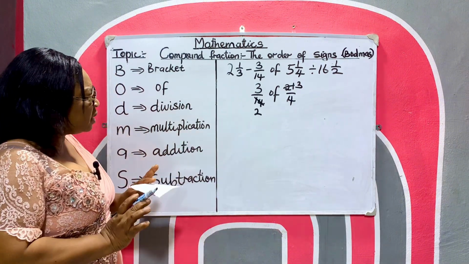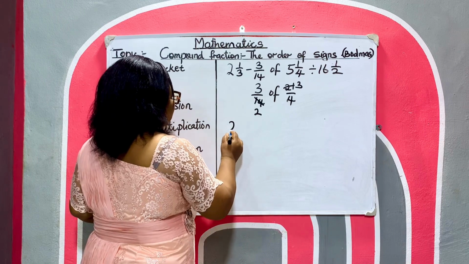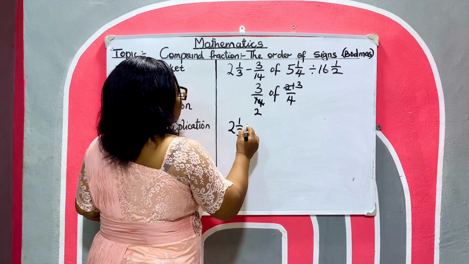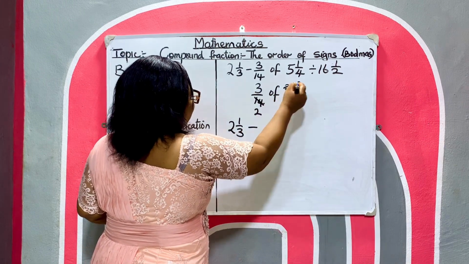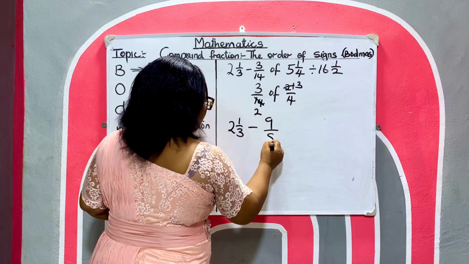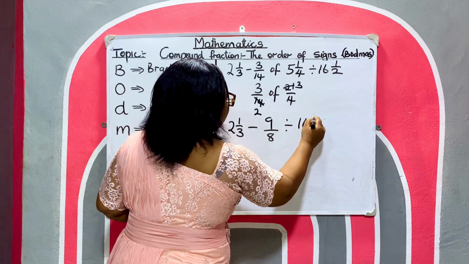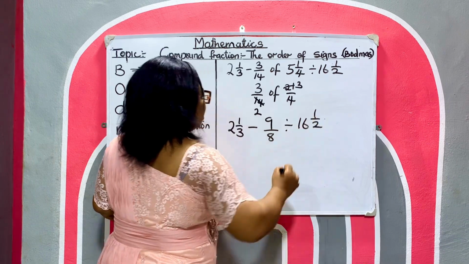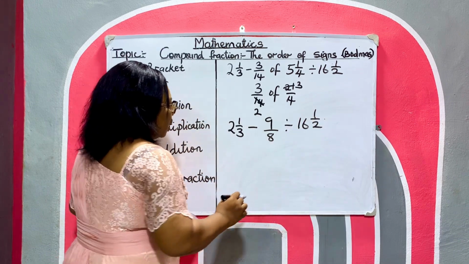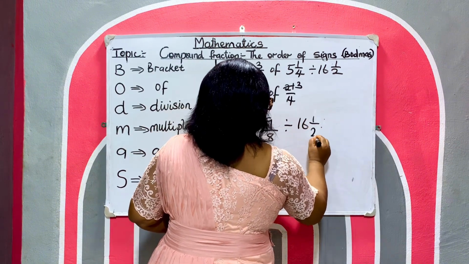I look at it, I didn't see any. So we write minus the answer we got. 3 times 3 will give us 9. 2 times 4 will give us 8. Divided by 16 whole number, 1 over 2. Good.